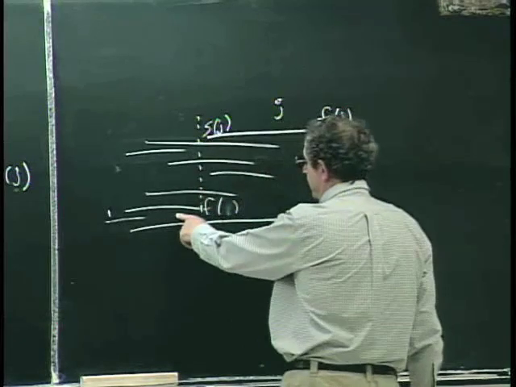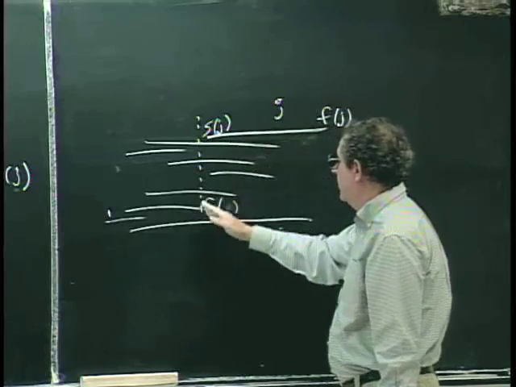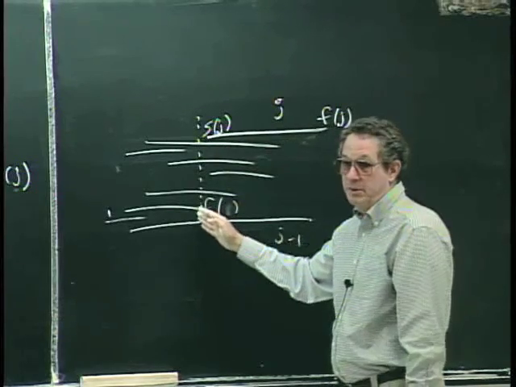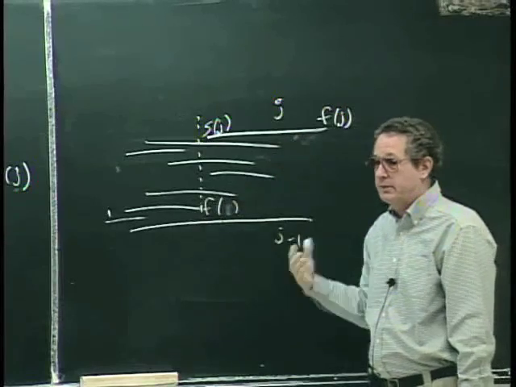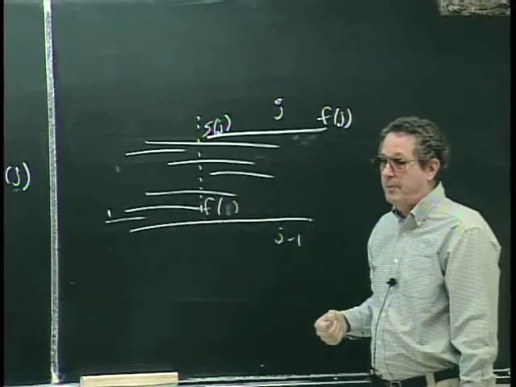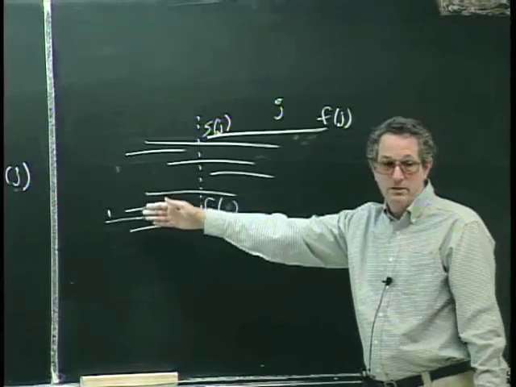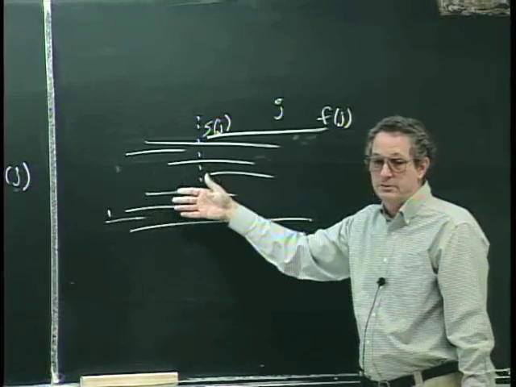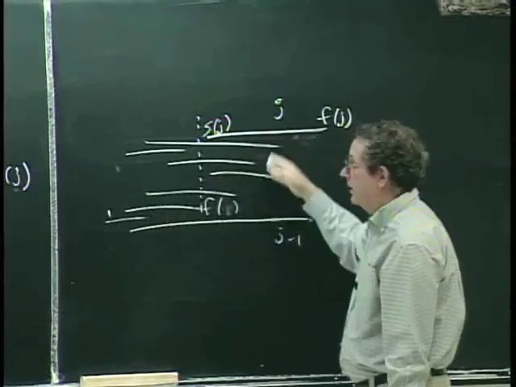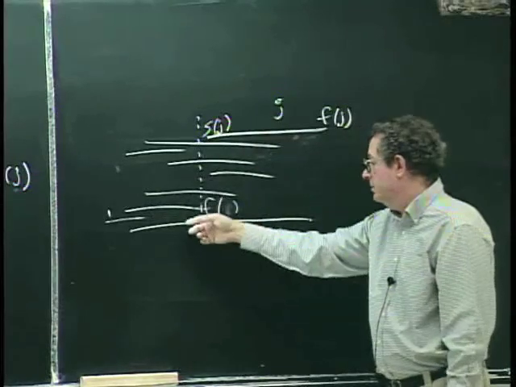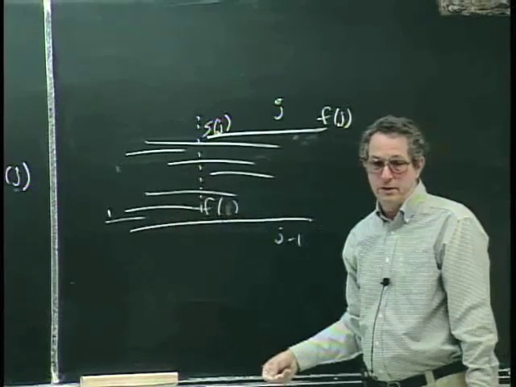So pictorially, what intervals are available if you take j into your solution? It's this interval and everything before it in our sorted ordering, because you cannot allow any interval that intersects j. So it's this interval and everything that finishes before it.